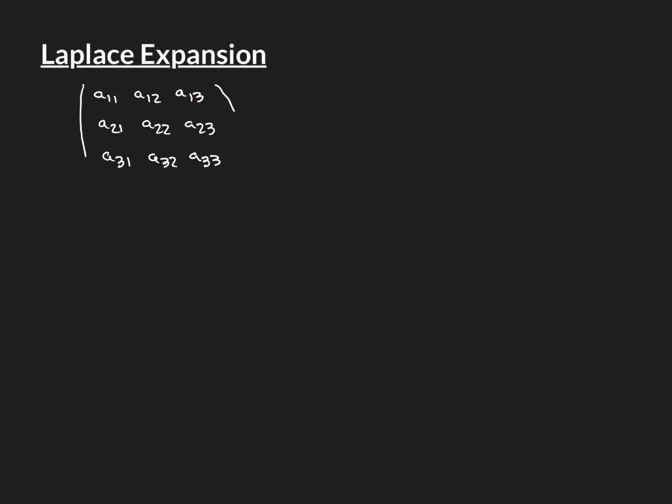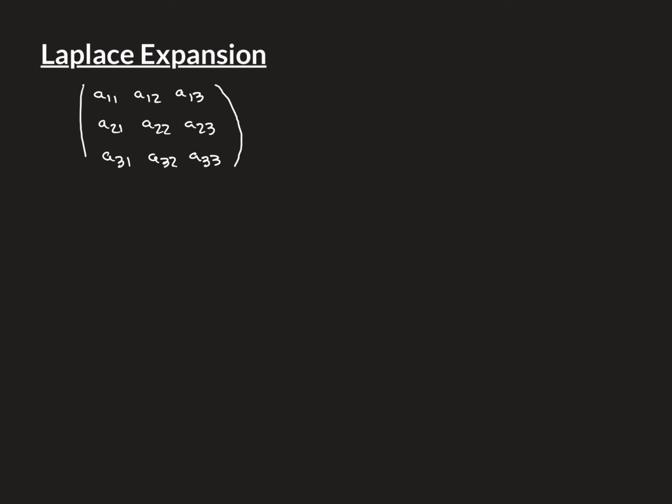So in the previous video on the determinant, we saw how the definition of the determinant is you want to add together a bunch of products where the products are going to have one entry from each row and each column. So for example, A11, A22, A33 would be a product that would meet those criteria. Another one would be A12, A21, A33. That has one entry from every single row and every single column and only one entry.